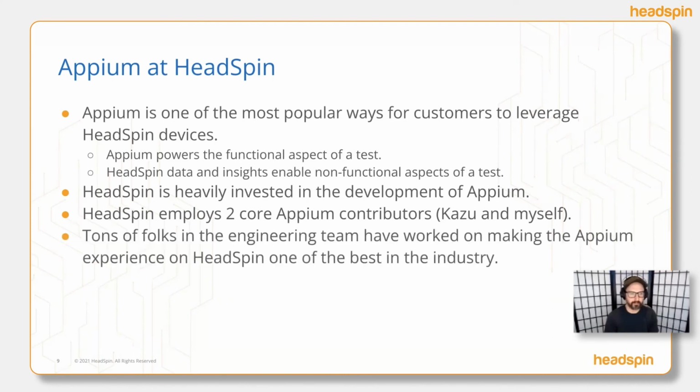And there's also lots of other folks at HeadSpin who don't frequently contribute to Appium open source, but who work on aspects of Appium within the HeadSpin cloud itself, making sure that the experience of running an Appium test on HeadSpin is transparent and makes sense to users.